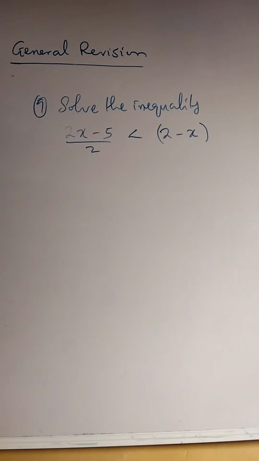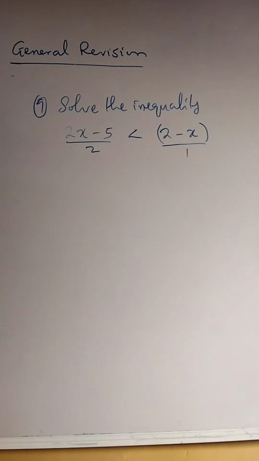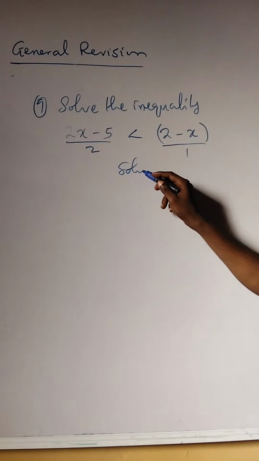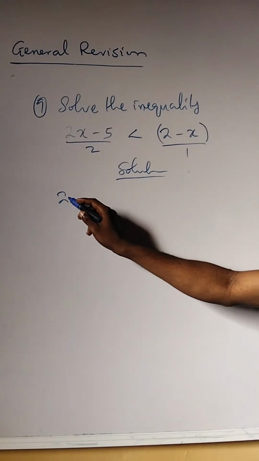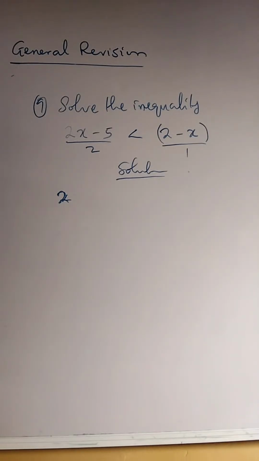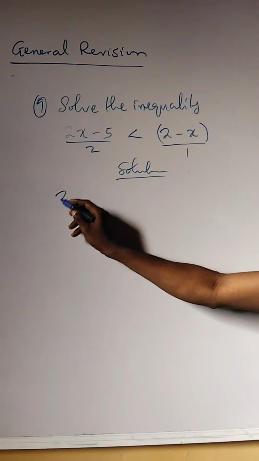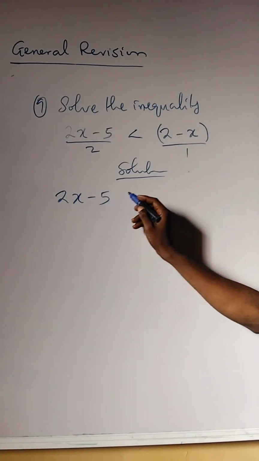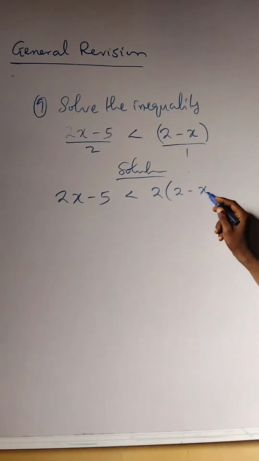Now, the same way we handle equations with fractions, we can say this is 2 minus x over 1, and now we cross multiply directly. 2x minus 5 times 1 is still 2x minus 5, because when you multiply something by 1, it's still the same thing. This is less than 2 times 2 minus x.